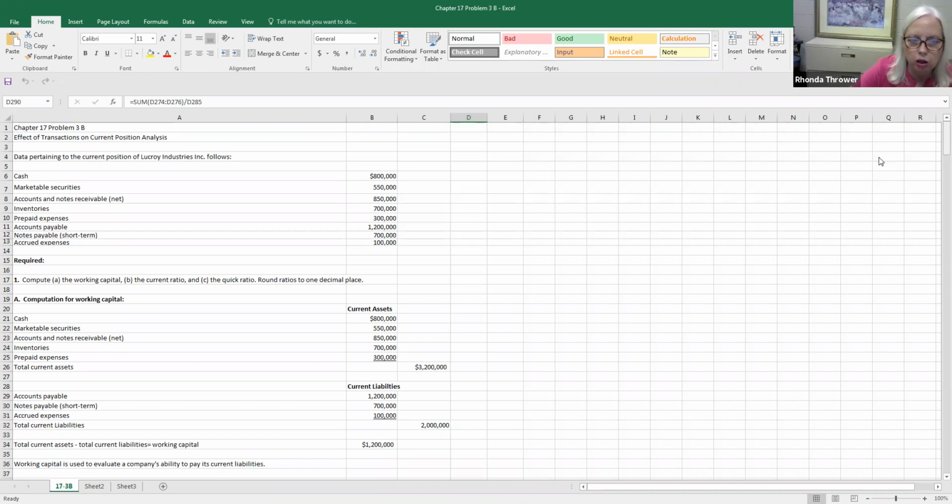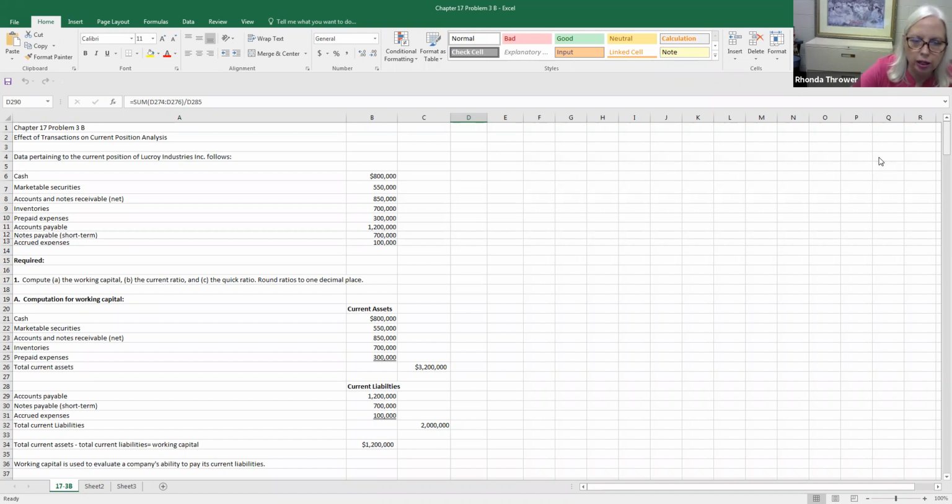The quick ratio is basically all of your current assets with the exception of inventories and prepaid assets. So things like cash, marketable securities, your accounts receivable, and your notes receivable net amount. These are called quick assets. We're going to add those together.